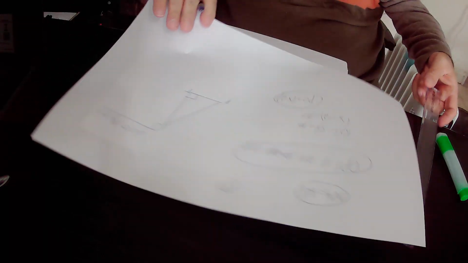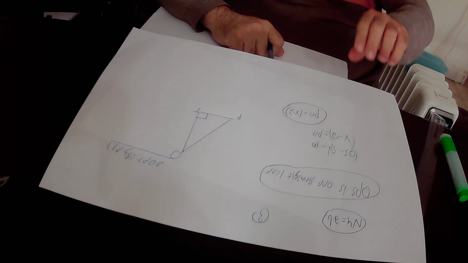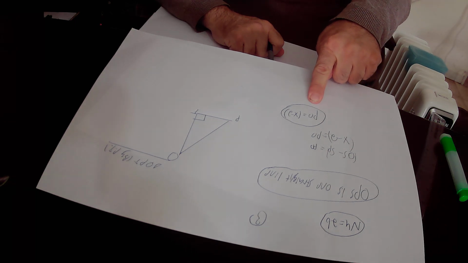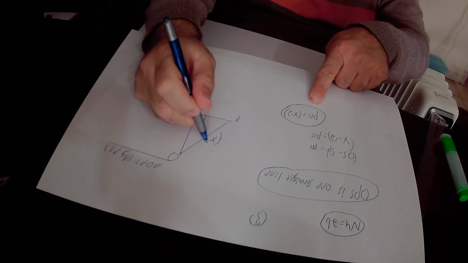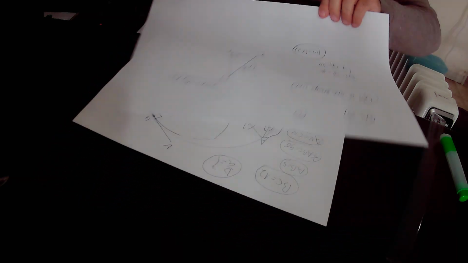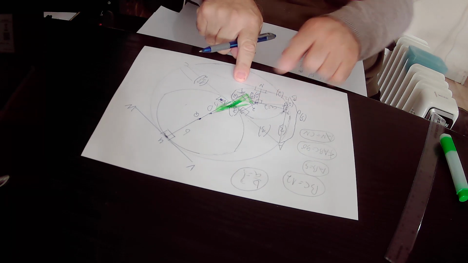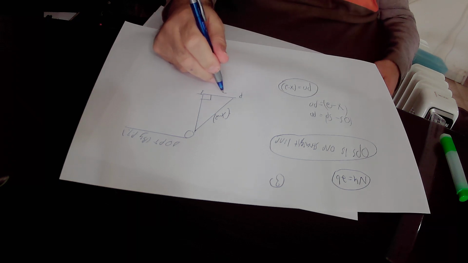So actually, this is the right triangle OPT that I copied from the original drawing. We have already found out that the hypotenuse PO equals x minus 2. We just found out that PT equals 7 over 2. The perpendicular PT equals 7 over 2.